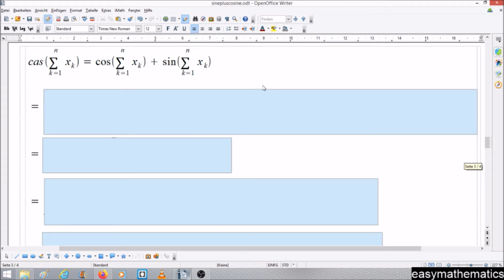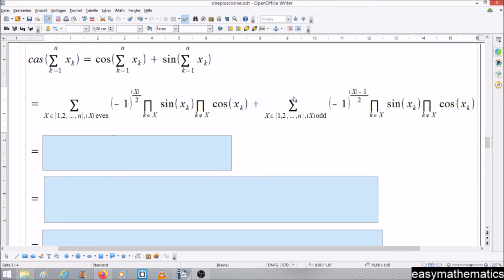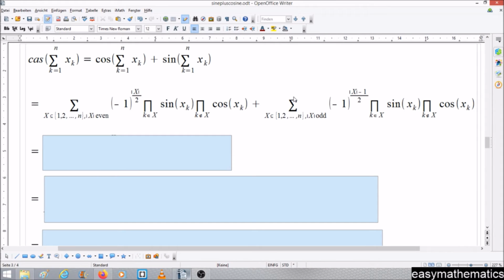Alright, so we discuss the proof. The cos of a sum is by definition the cosine of the sum plus the sine of the sum. So in the first step we plug in the general addition theorems for the cosine function and the sine function, and you see that the products here are the same, and so we can put like terms together.